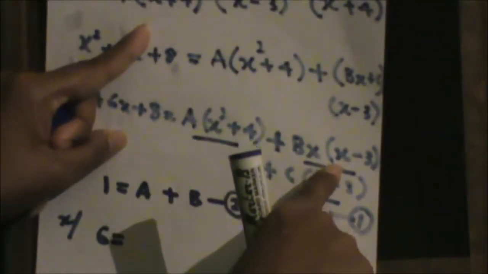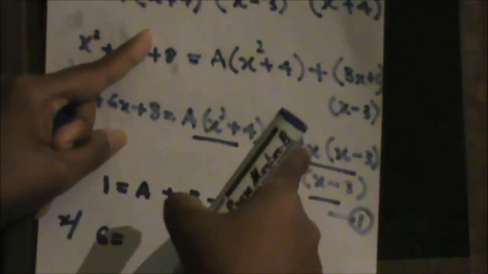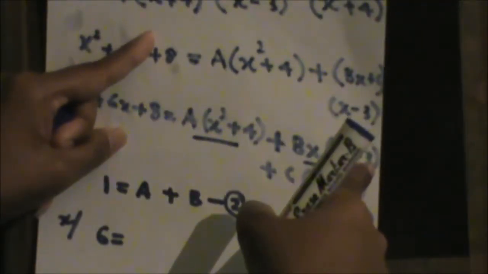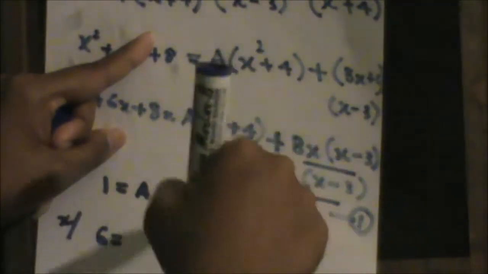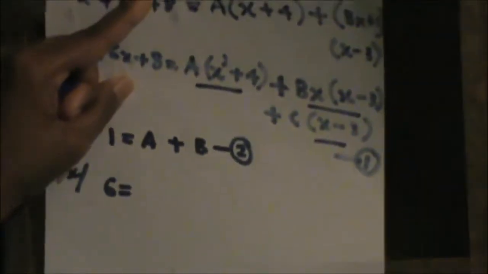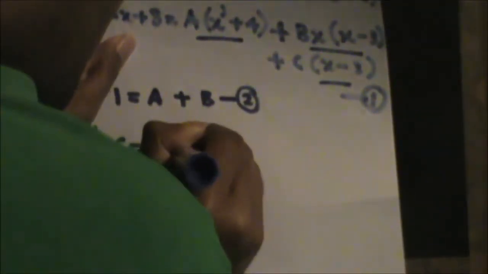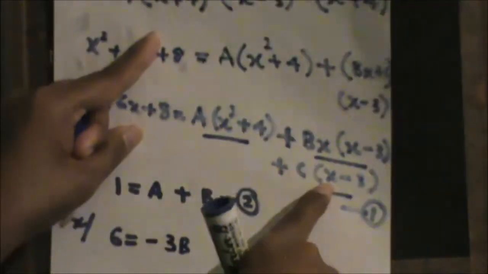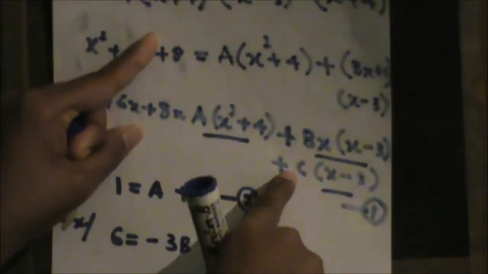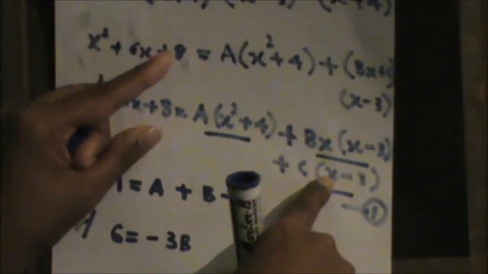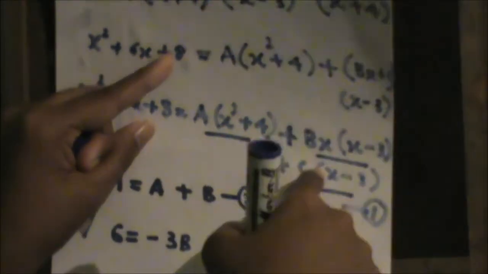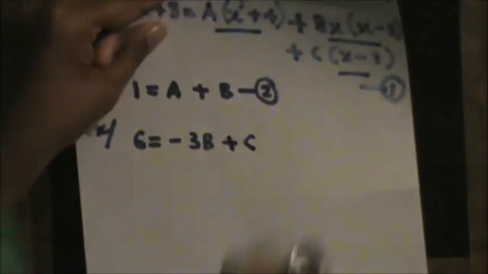When I go to this term, I am left with bx times minus 3, which is minus 3bx, so the coefficient of x is minus 3b. And in this term, I am left with c times x, that is plus cx, so the coefficient of x is plus c. So I am left with minus 3b plus c, right? So this will be my third equation.